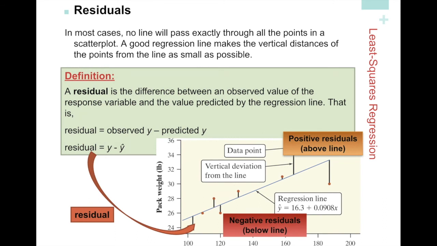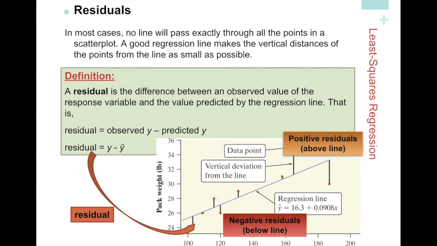Well, we don't really care how far this point is in the x direction. All we care about, because what we're trying to measure is the response variable, which is on the y-axis, is how much our model is off in the y direction.